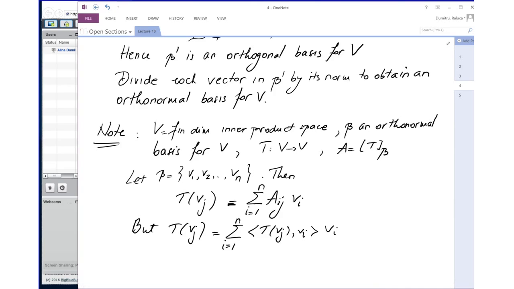But every vector, when written as a linear combination of the elements of a basis, that linear combination is unique, right? There is no way to write a vector in two ways as linear combinations of the vectors in a basis. We've seen that before. So here, there are two of them, right? So the only way for this to make sense is if the actual entries of the matrix are given simply by an inner product.